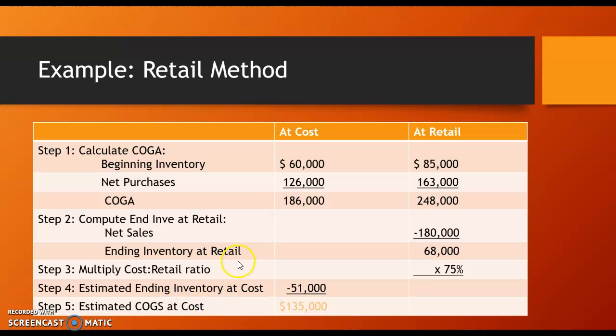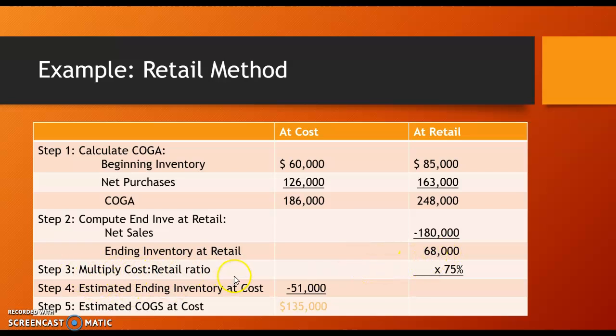Okay, so here's where we're going to go through our steps. We already went through step 1. Step 2 is to subtract the sales at retail from the cost of goods available at retail. Okay, and that gives us the ending inventory at retail. Okay, then we're going to multiply for step 3.